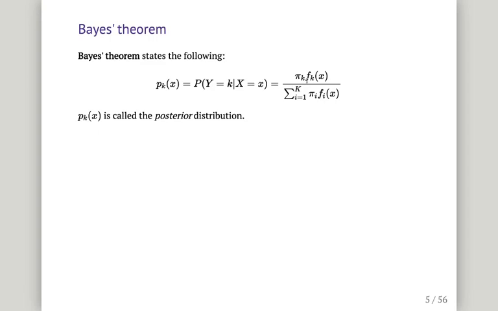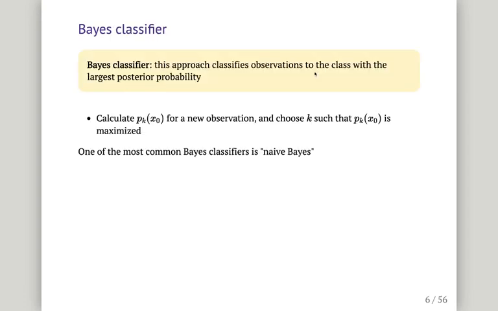We call those pi. And then the density function. Here the density function is the conditional distribution of the input given class membership. So for each observation, we'll calculate this posterior distribution. We'll predict class K such that the posterior distribution is maximized.